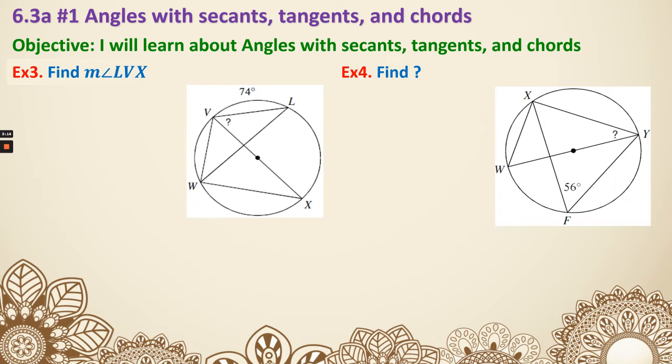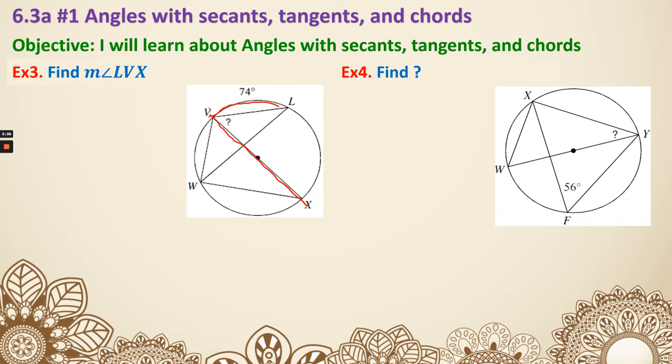Example 3. The measure of angle LVX. In this case, you can see it is the question mark. Now, we already know this is 74 degrees, and right here is a diameter. A lot of times the diameter is a piece of information you're not going to be given, so you need to look for that diameter so that you have some 180 degrees you can use.